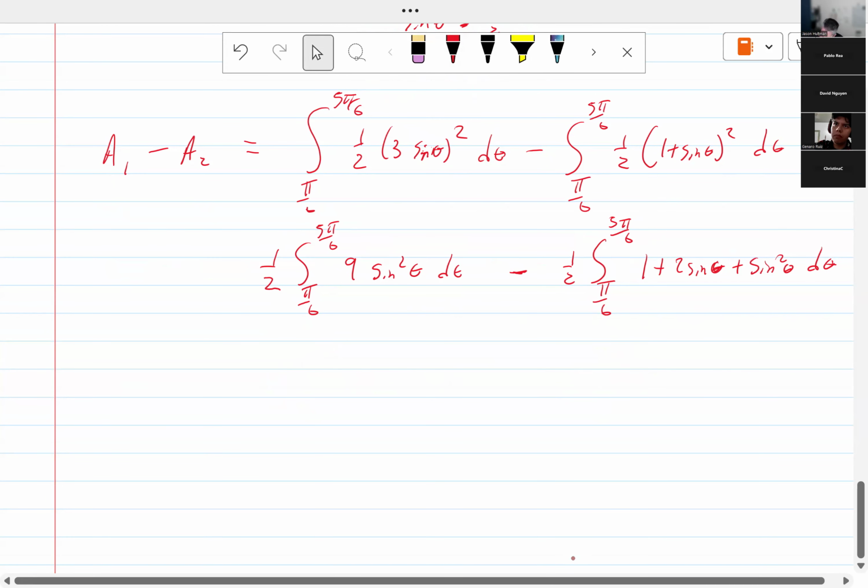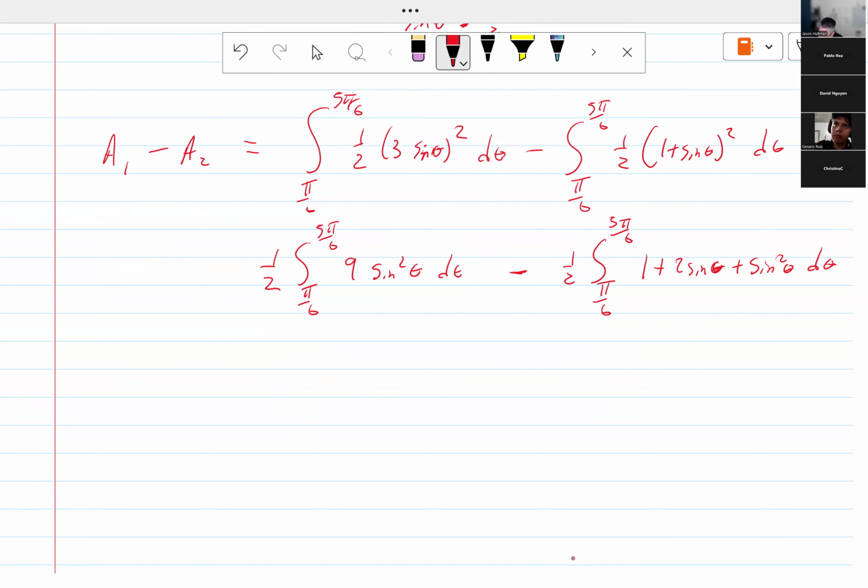Because they have the same number in front and they have the same limits of integration, I can put this all under one integral. This will become 1/2 from pi over 6 to 5 pi over 6 of 9 sine squared theta minus this whole thing, 1 plus 2 sine theta plus sine squared theta, d theta.